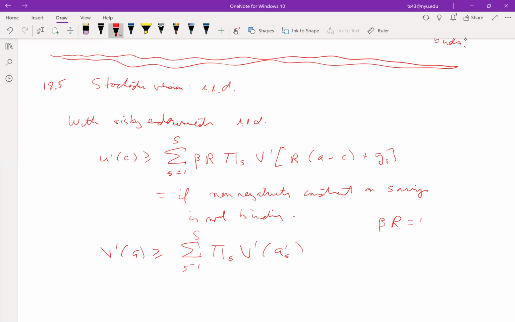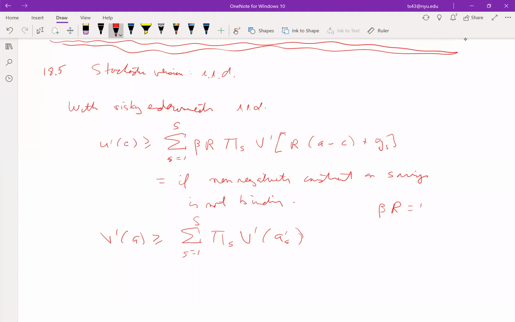Next period. So this implies that v prime of a_t, I'll just write this, is a supermartingale. It's greater than or equal to E_t v prime of a_{t+1}.